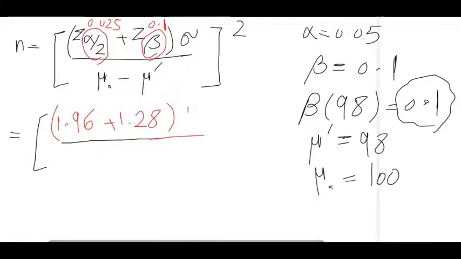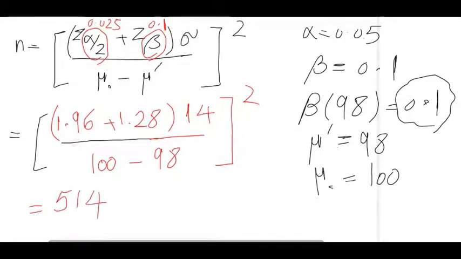Sigma is 14. Mu 0 is 100 and mu prime is 98, to the power 2. And the result is 514.38. So approximately we need 515 samples.